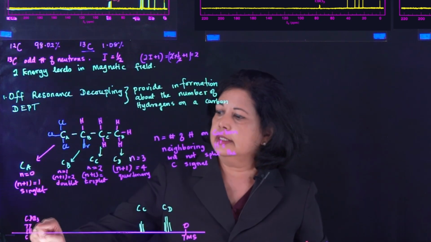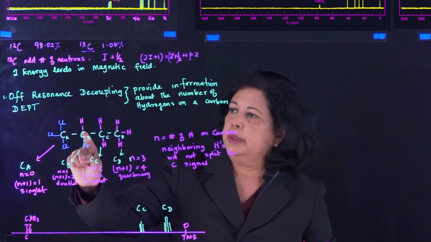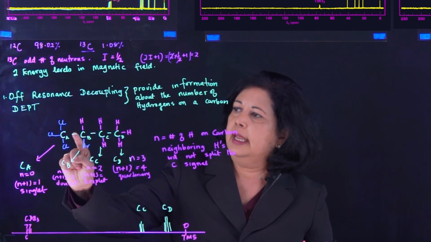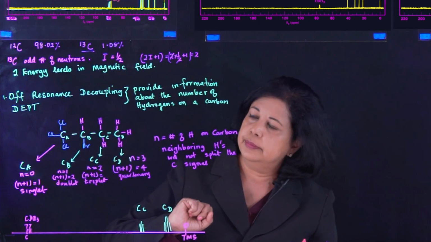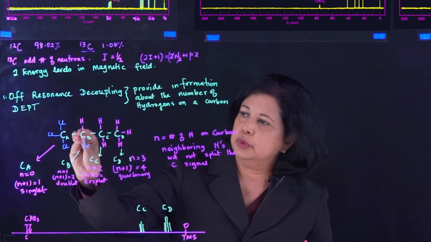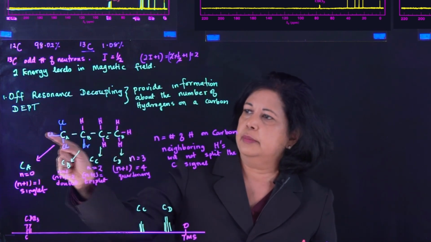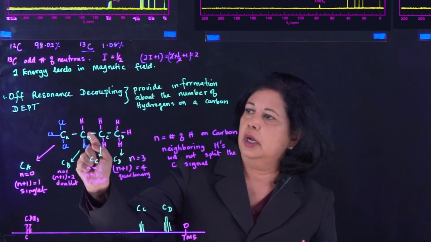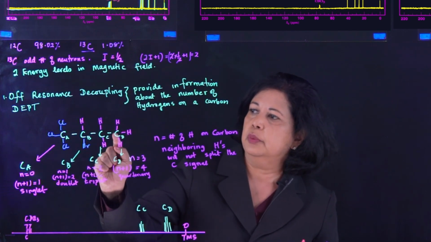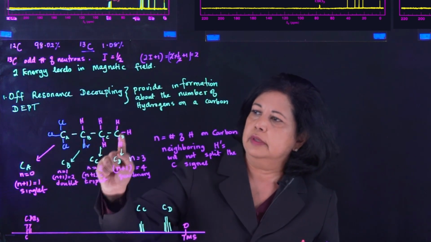So it's somewhere near this. This is going to be next to a bromine and next to an electron withdrawing CCl3 group here. Therefore, this is going to be the next most deshielded. This is next, and this one is going to be shielded compared to all of them because it's away from all of these groups. It's 3 sigma bonds away from bromine, and 4 sigma bonds away from chlorine.